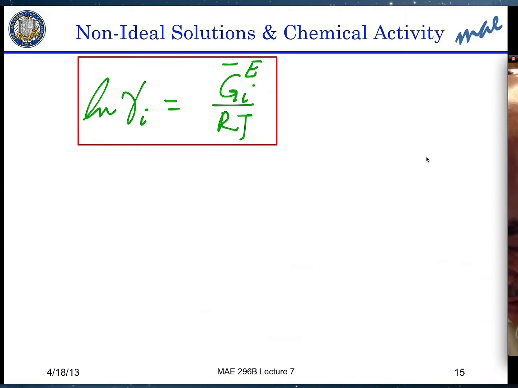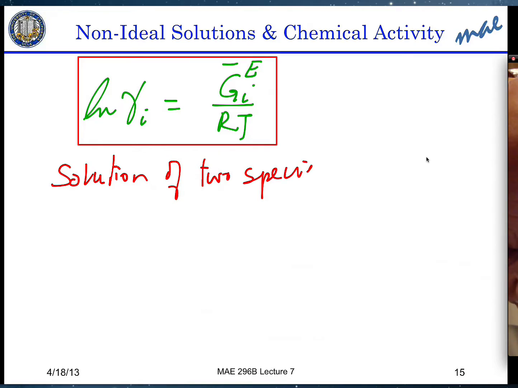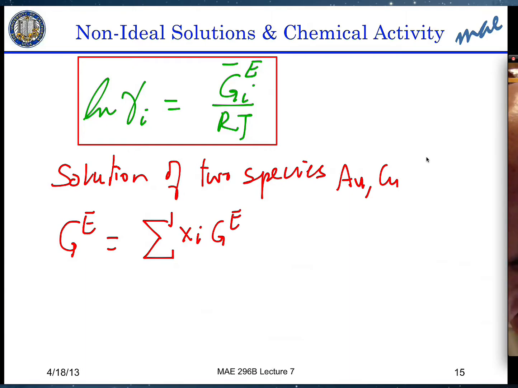So if we have a solution of two species, for example copper and gold, then the excess Gibbs energy is just the sum of x_i times G excess of species i, which is RT times the sum of x_i ln gamma_i.